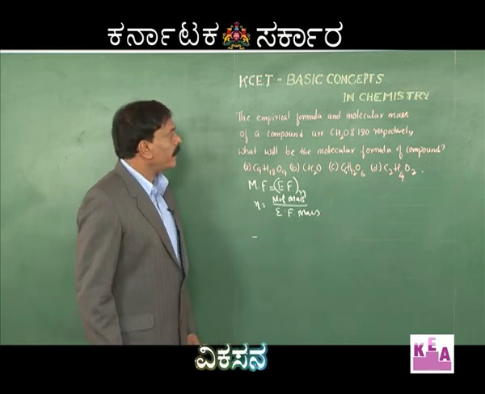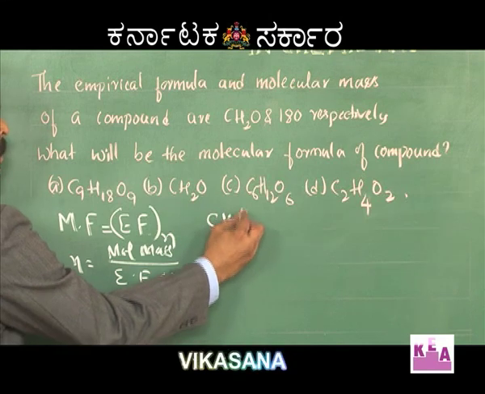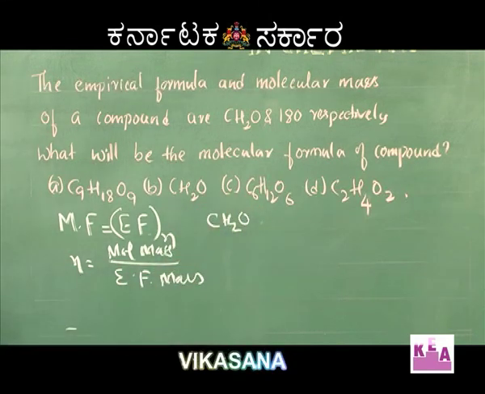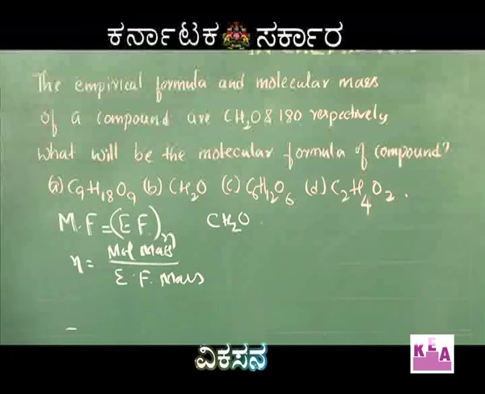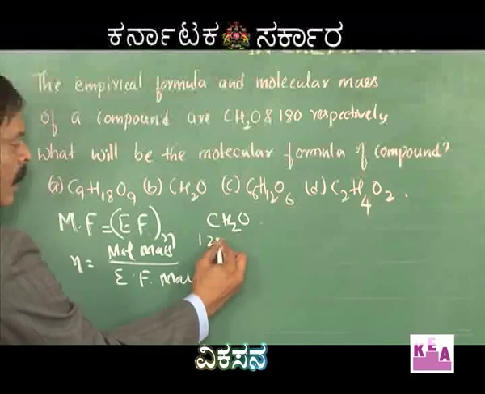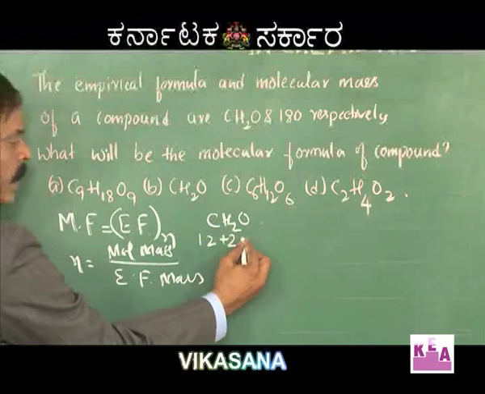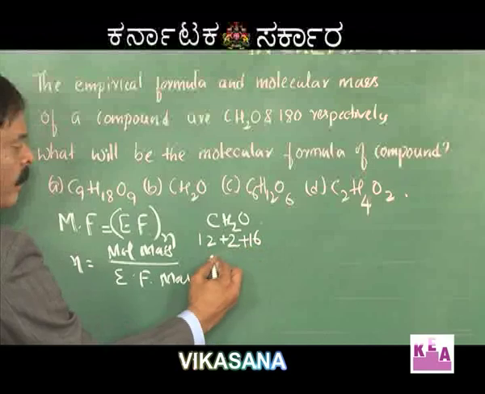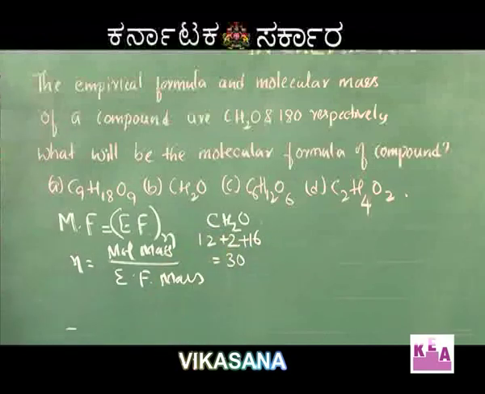Now, what is the empirical formula here? CH2O. So, what would be the mass as per the empirical formula? It will be 12, the atomic mass of carbon, plus 2, that of hydrogen, plus 16, which turns out to be 30.